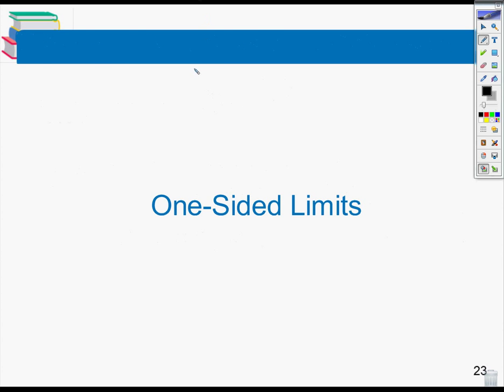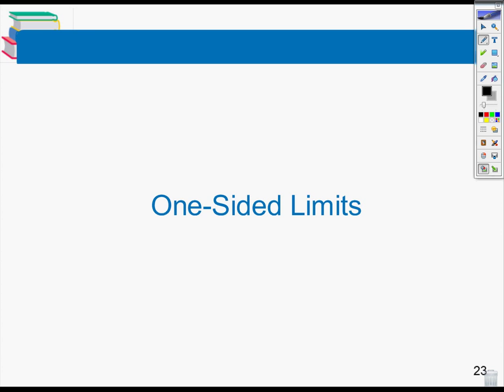Okay, and then one of the last things that we want to talk about this time is a one-sided limit. Recently when we've been talking about limits, we've been talking about the one limit as it approaches this particular point, meaning it's coming from the left, coming from the right, and they're both agreeing that it meets at this particular point.